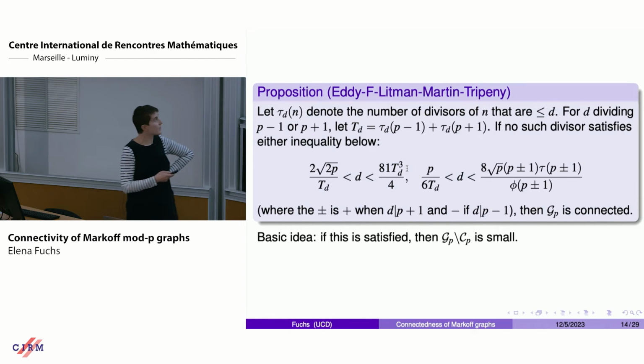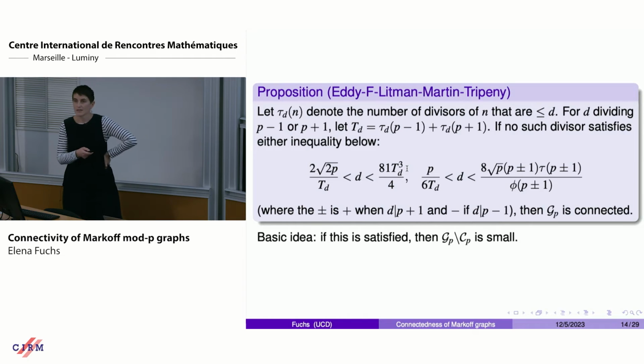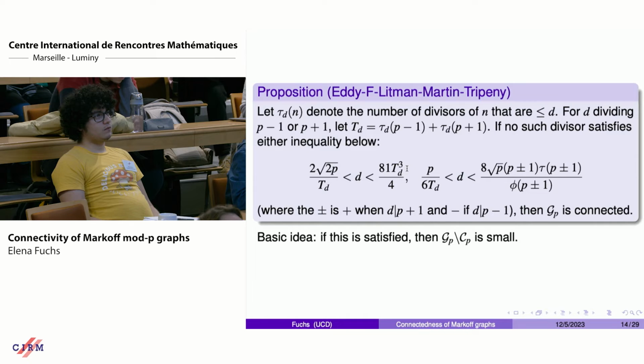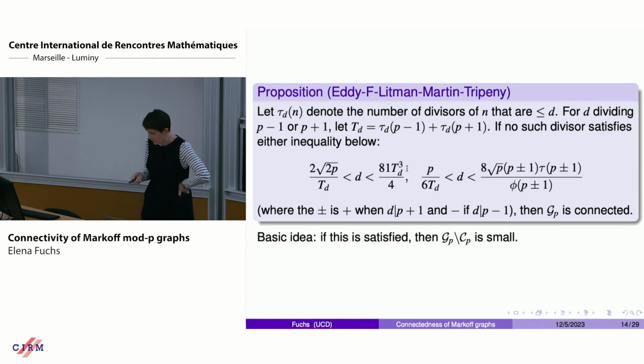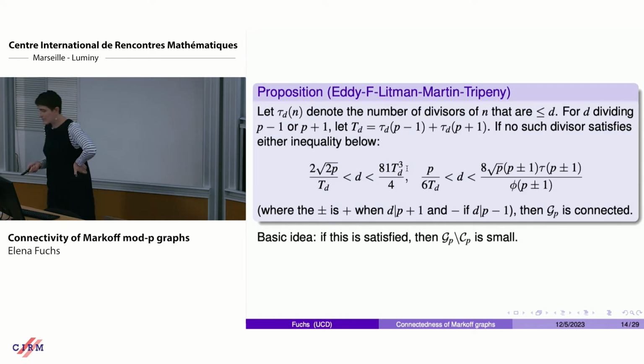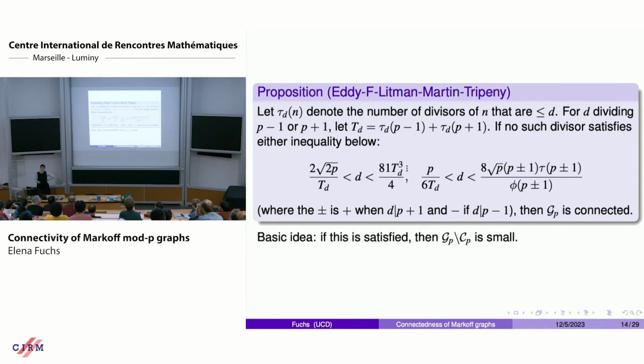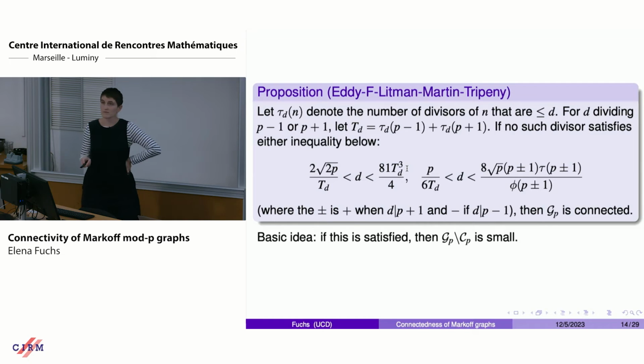Let me point out, for those of you that know about Erdős-Kac and so on, this should usually be pretty trivially not satisfied. Because this comes from τ_D(P minus 1) plus τ_D(P plus 1), and Erdős-Kac says that at some point you expect that most numbers n have about log n divisors.